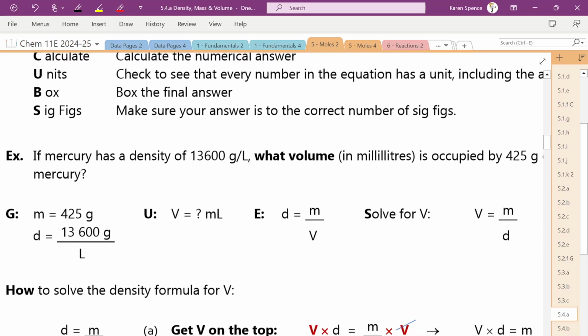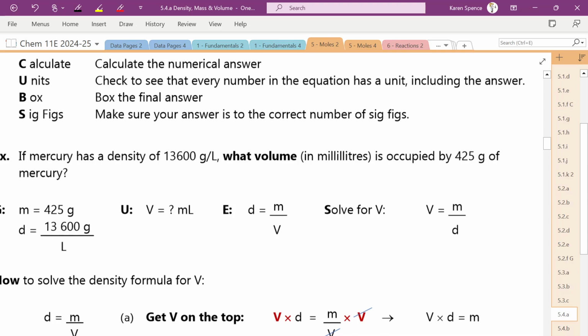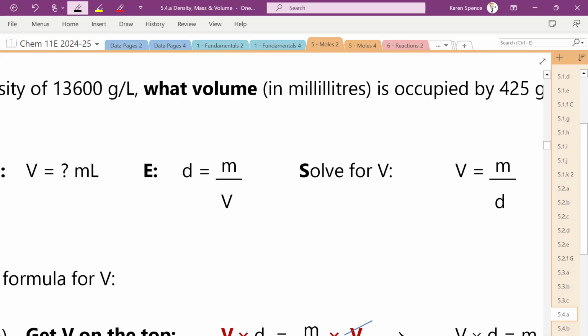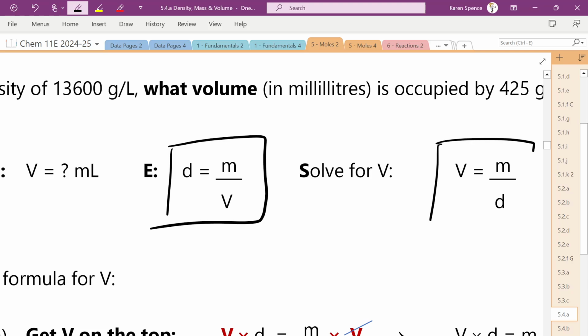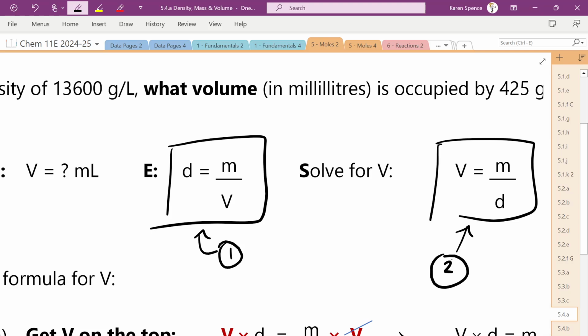So you would need to take your equation and solve for V. You don't need to write this step, but I usually write down my original formula as well. That way I don't make a mistake. So this would be number 1, this would be number 2, and then at that point, you can plug things in.